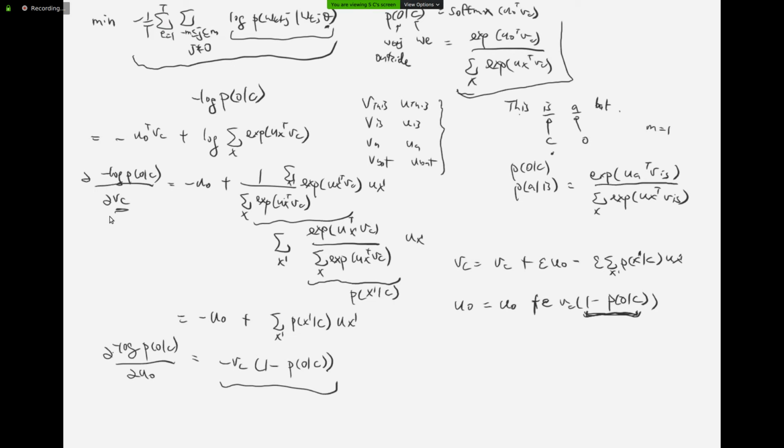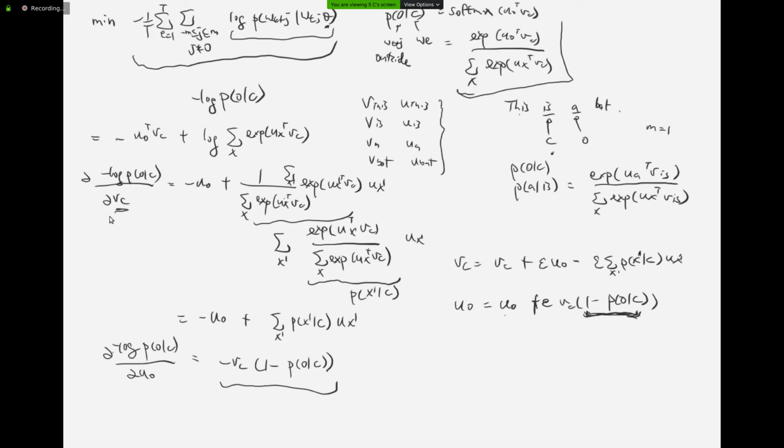If I already have this probability of O given C pretty high, then this factor is pretty small, so I don't need to make UO more like VC anymore. Otherwise, if P of O given C is small, then this factor will be big, and I will try to make UO more like VC.